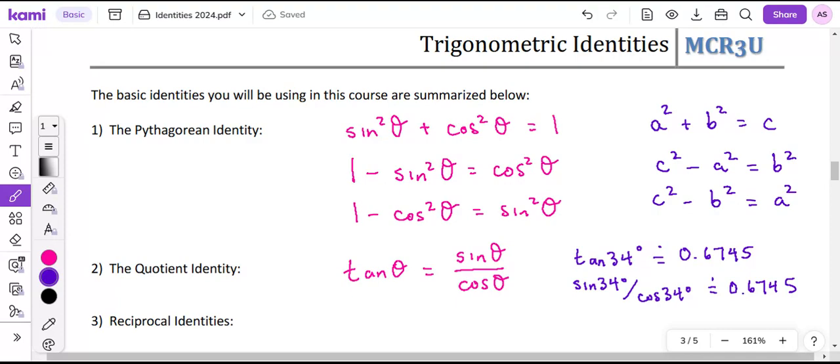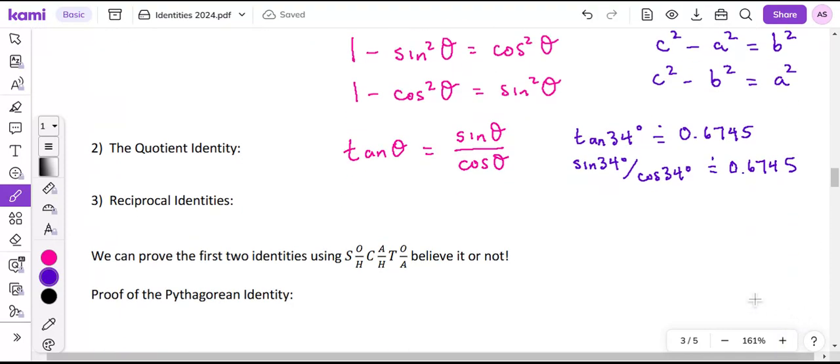And the third one, you guys actually already learned in an earlier lesson, the reciprocal identities. So we had three of them. If you recall, cosecant theta was equal to 1 over sine theta. The reciprocal of cosine we called secant theta, 1 over cosine.